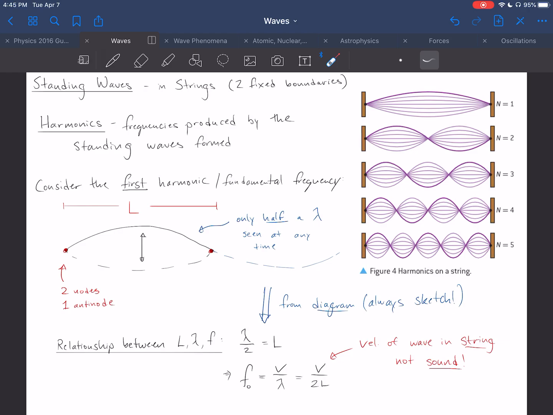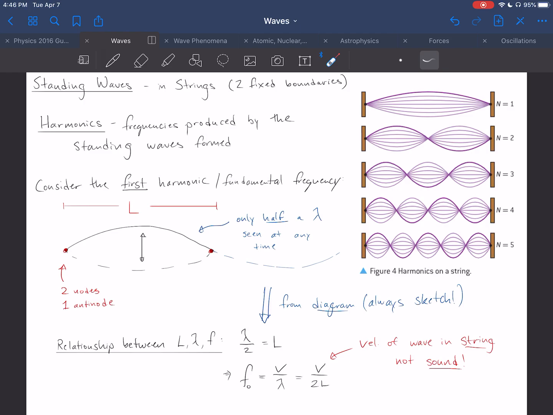Now consider the relationship between L, the wavelength, and F. Given the diagram, you can see that if you only see half a wavelength, then lambda over 2 is equal to L. So we draw our diagram, we get lambda over 2 equals L. Given that, we can solve for the fundamental frequency. The fundamental frequency, F0, is equal to the velocity divided by the wavelength. Note, that's from the wave equation, which we've used many times.